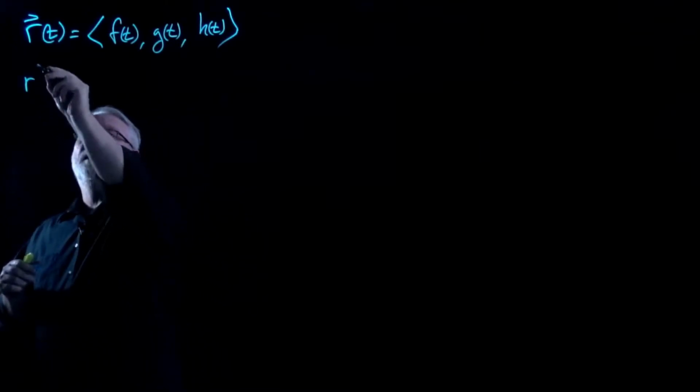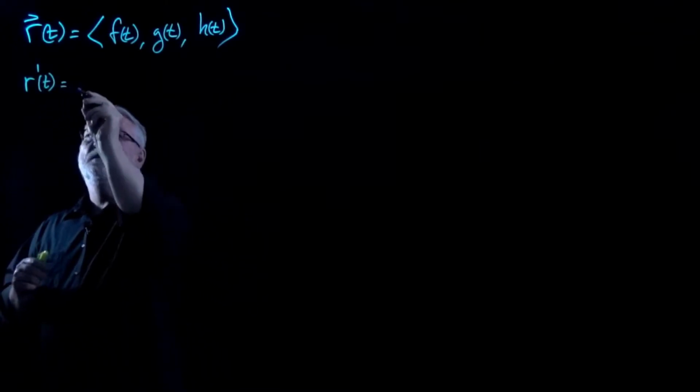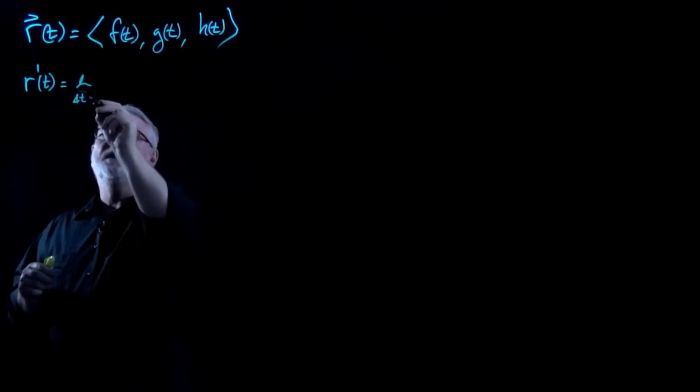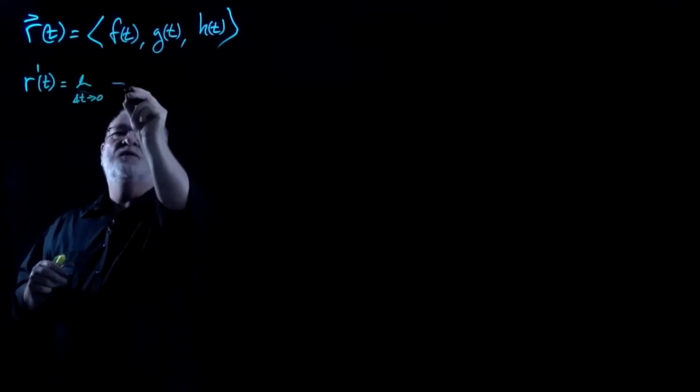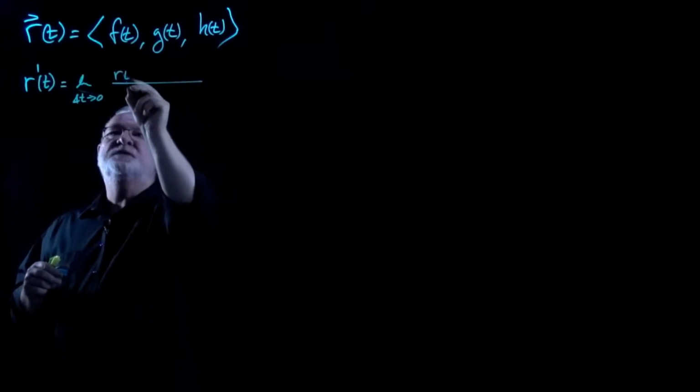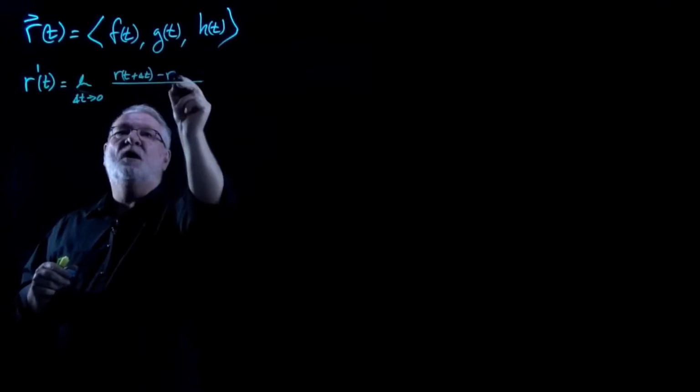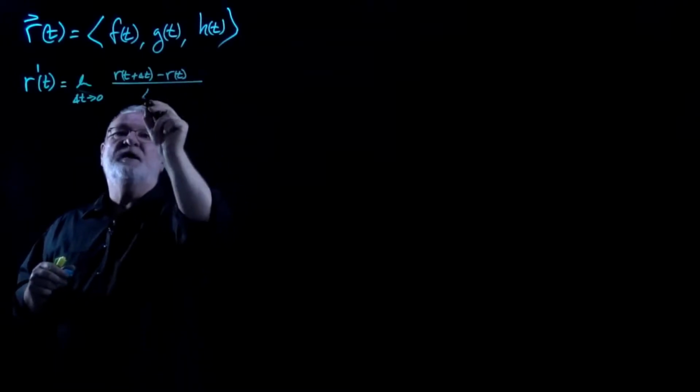If I want to calculate r prime of t, of course the definition of the derivative says this is the limit as delta t approaches 0 of the ratio of r of t plus delta t minus r of t, all divided by delta t.